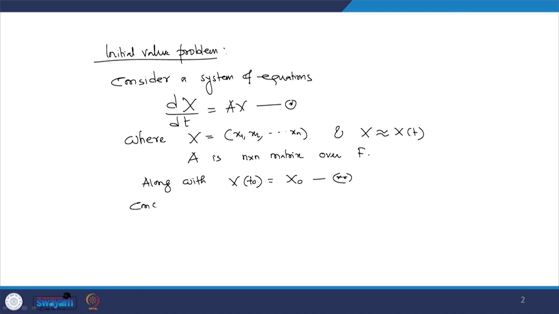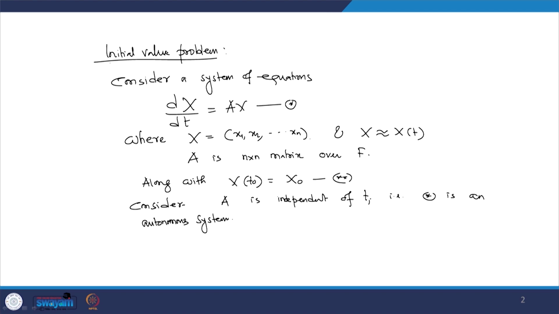Consider capital A independent of t, that is, star is an autonomous system.